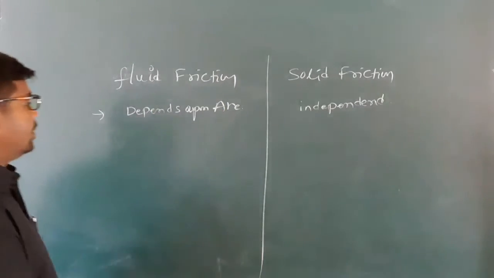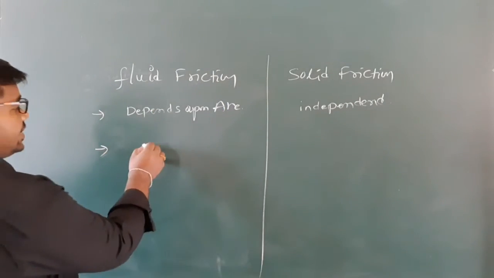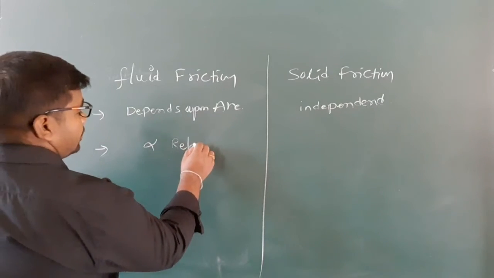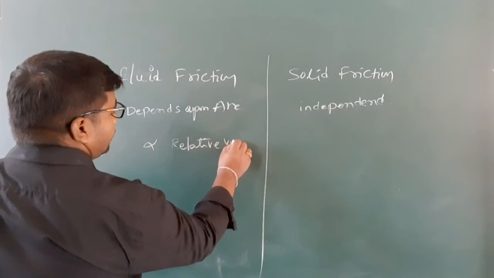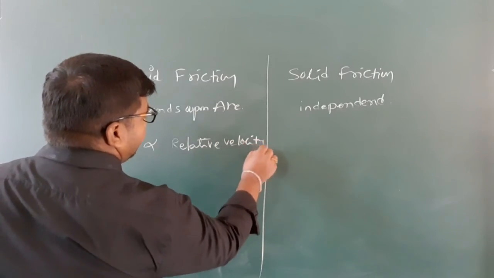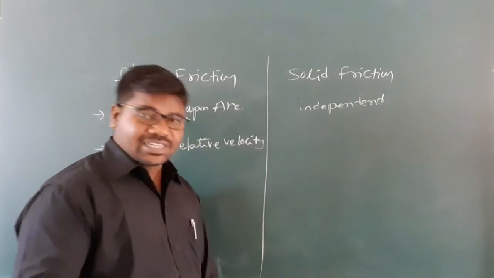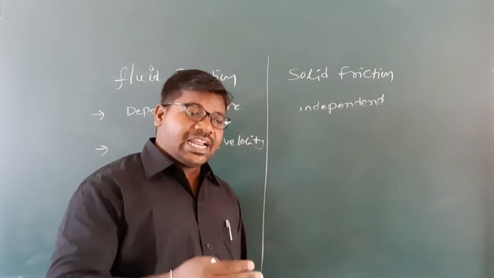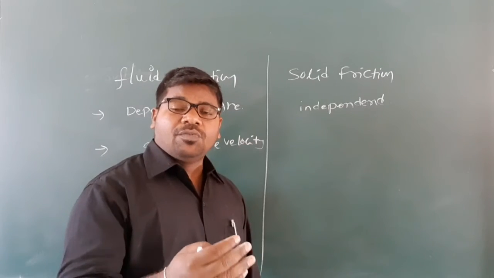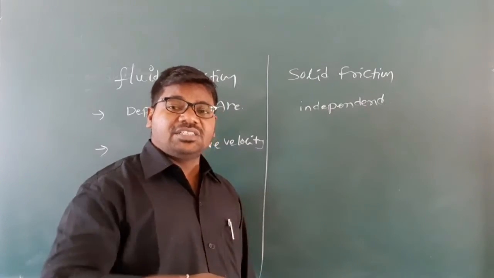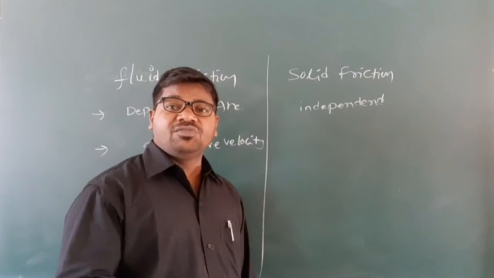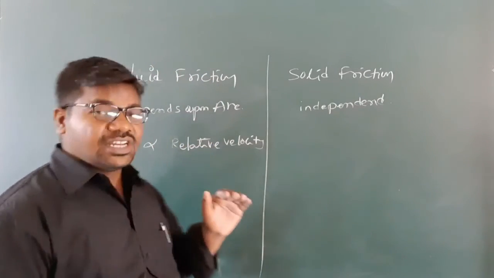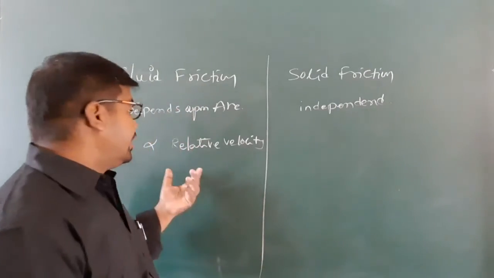Fluid friction is directly proportional to relative velocity. Relative velocity means the relative velocity of one layer to another layer, the difference of speeds of the layers. So fluid friction depends upon the relative velocity.